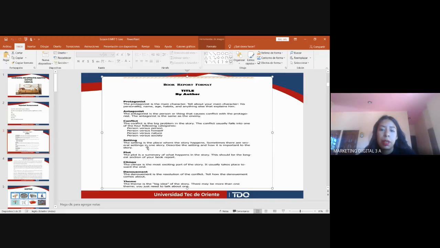And then the setting. The setting is about the place where the story happens. For example, if it is in the Second World War, like Anne Frank, that book, you can write about that. And then we have the plot. The plot is like a summary of what happens in the story.